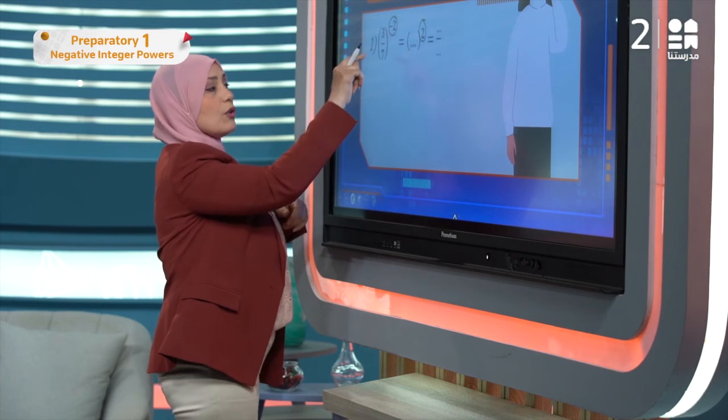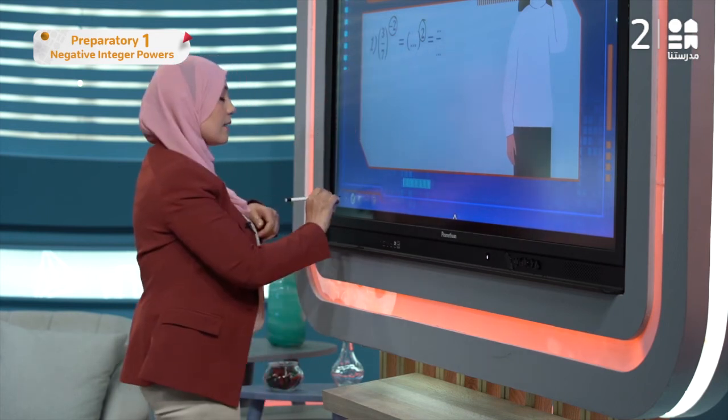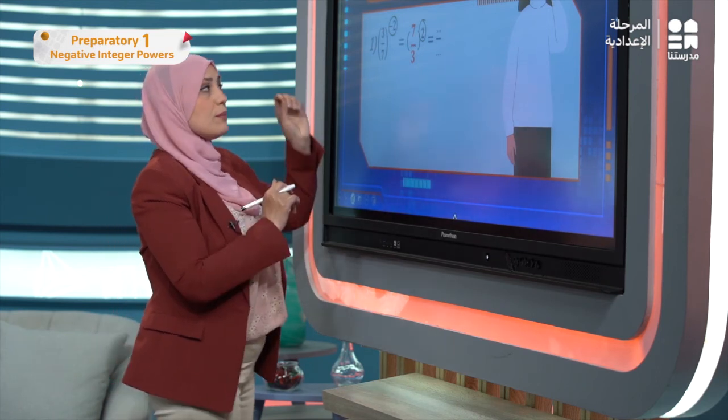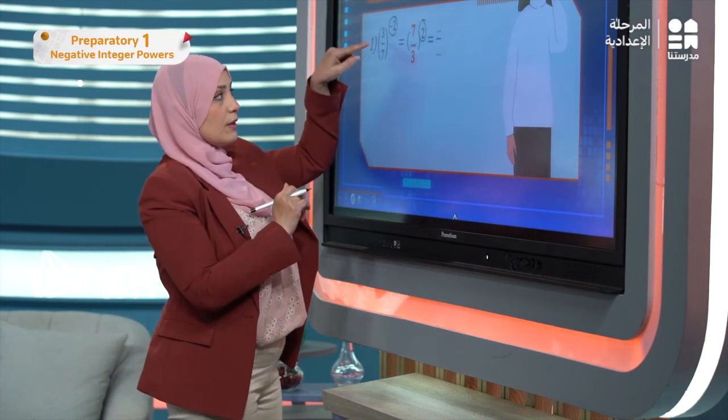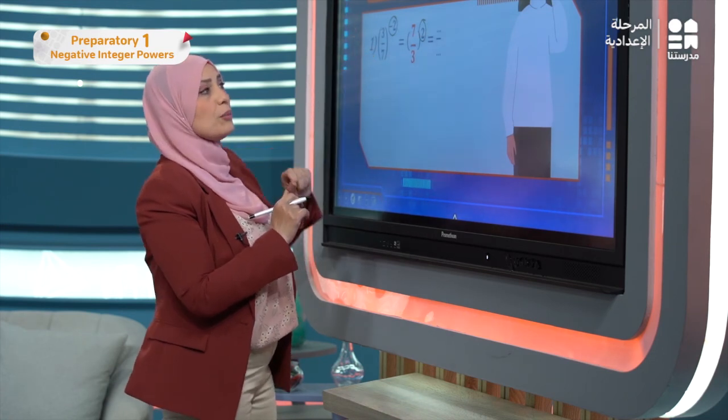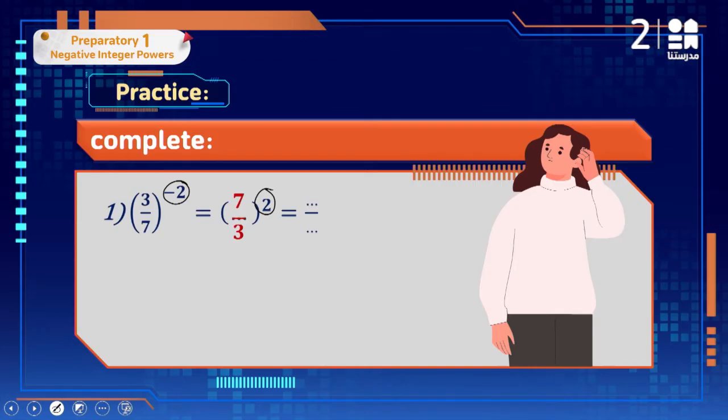So it was 3 over 7, so we are going to write it as 7 over 3. Always keep in mind, when we flip the numerator and denominator, change the sign of the exponent. Now, distribute this 2: 7 over 3 times itself 2 times, so it becomes 49 over 9. 7 to the power of 2 is 49, 3 to the power of 2 is 9.